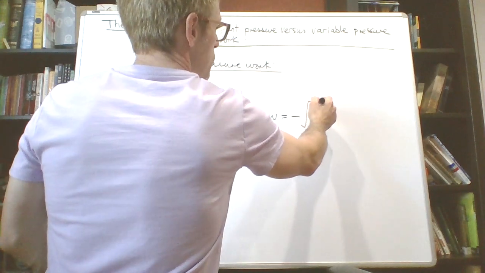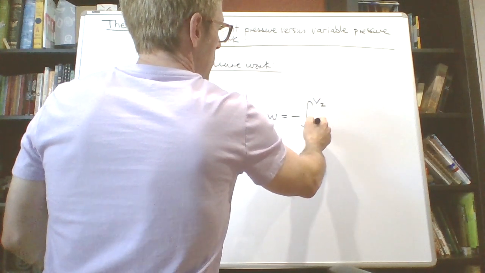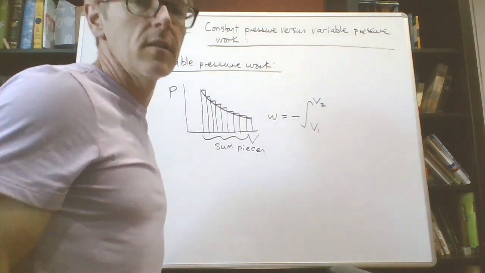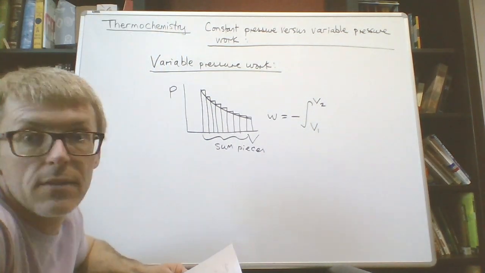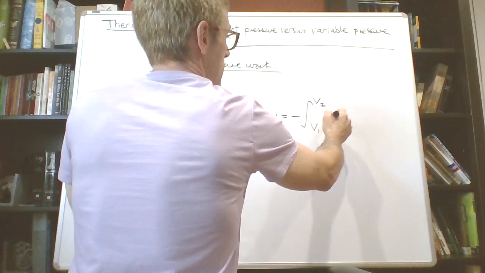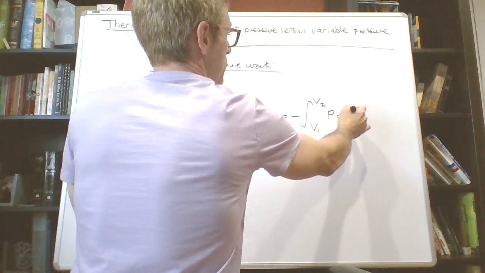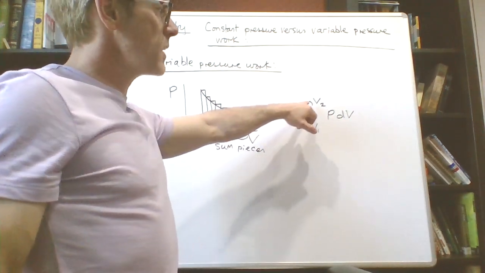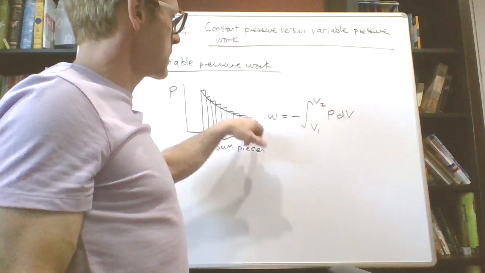I want to sum between a final value of volume and an initial value of volume. So 2 just means final, because the number 2 literally comes after the number 1. PdV. So this means that I want to look at the work summed between final and initial conditions.